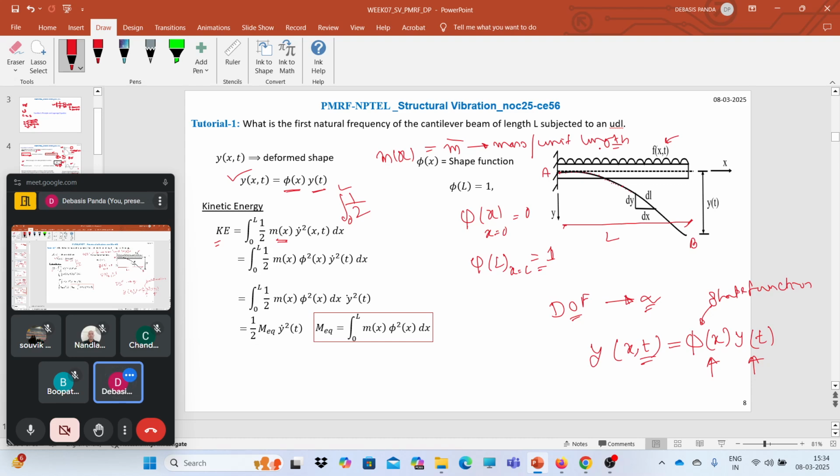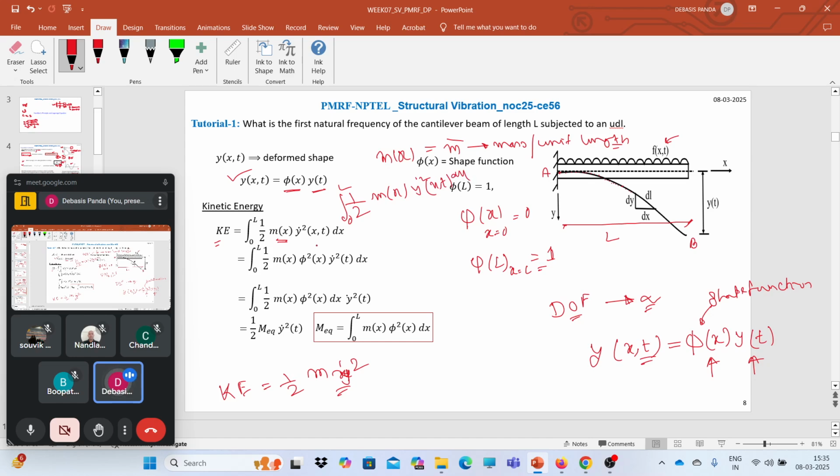Generally, kinetic energy is half m y dot square, so here we write half into m of x into y dot of x comma t square dx.